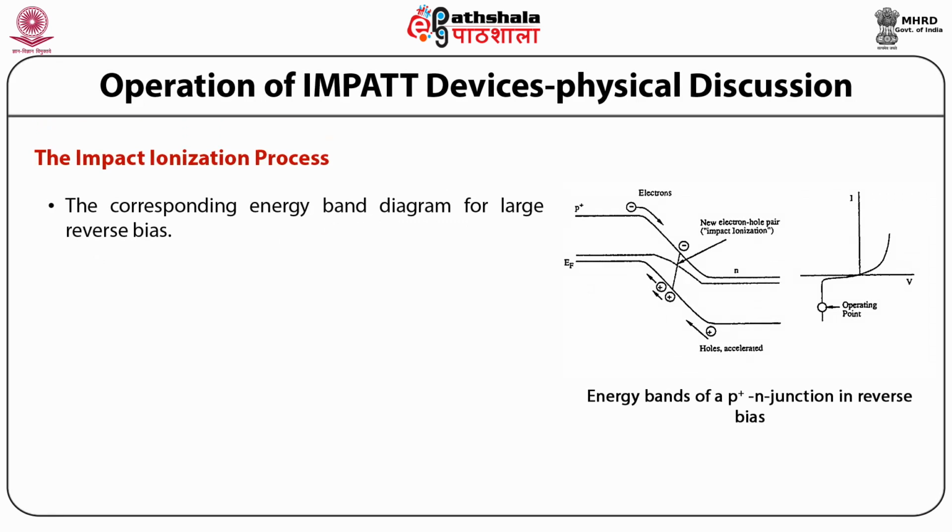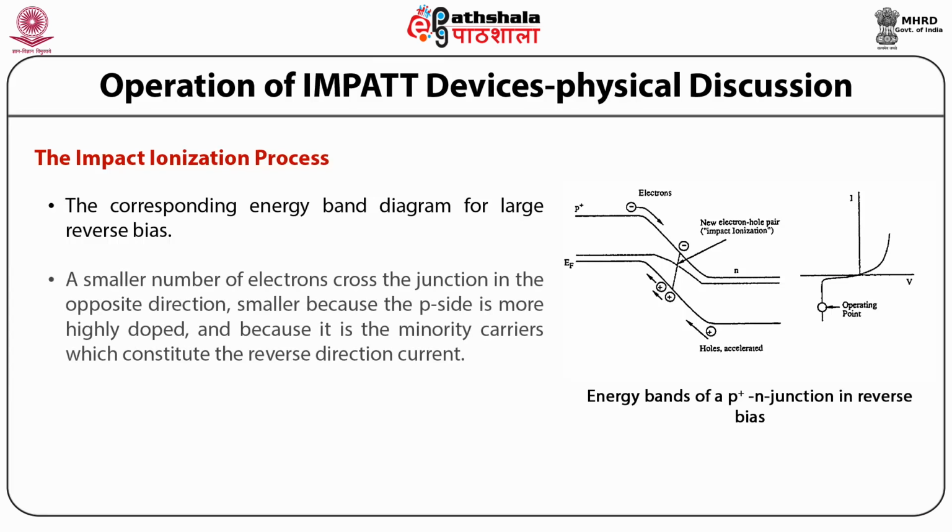Here the corresponding energy band diagram for a large reverse bias is shown in this figure below, where the reverse current consists primarily of holes which diffuse up to the potential barrier from the inside and then quickly traverse the junction, accelerated by a very strong electric field there. A small number of electrons cross the junction in the opposite direction.